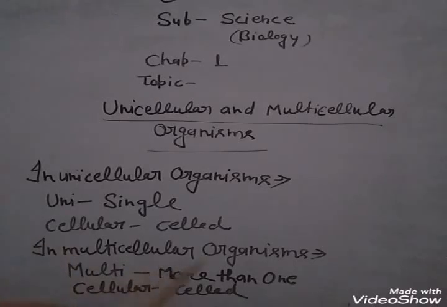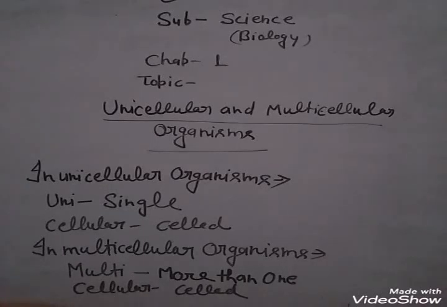But in multicellular organism, multi means more than one and cellular means cell. So an organism which consists of more than one cell is called a multicellular organism. In multicellular organisms, there can be several grades of body organization.